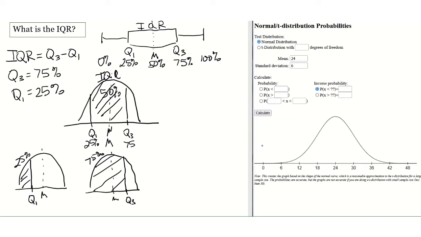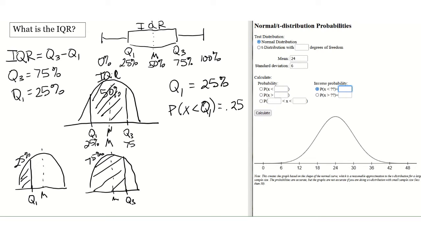To get my Q1, that's at 25%. So that means I'm going to plug this into my probability formula. I'm going to take the probability of X, and I want to know what value is going to give me my Q1, which is going to be 25%.